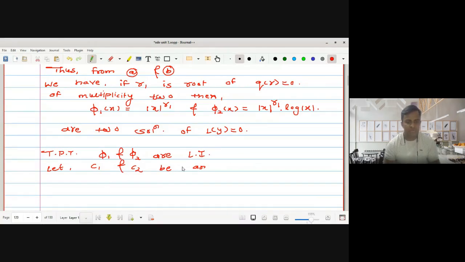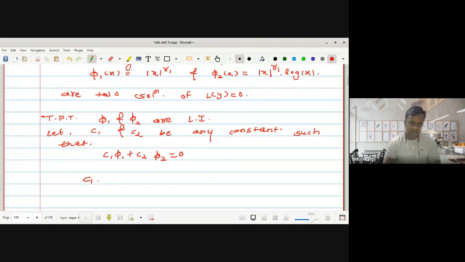Okay, that's why we are considering it. Let C1 and C2 be any constants such that C1 phi1 plus C2 phi2 is equal to 0. Okay, what is phi1? C1 into mod of x raised to r1 plus C2 mod of x raised to r1 into log of mod of x is equal to 0.